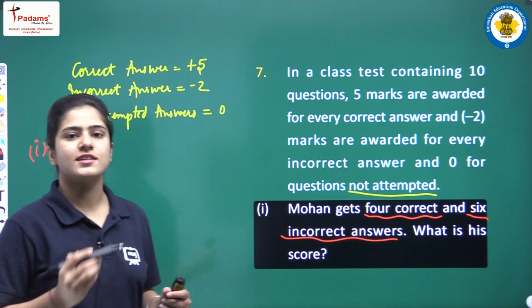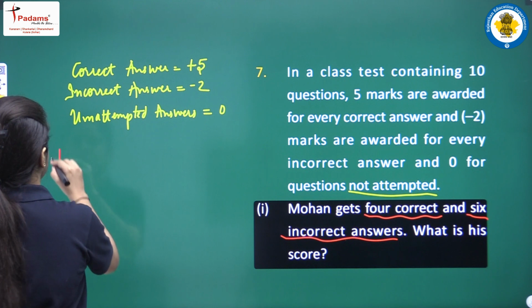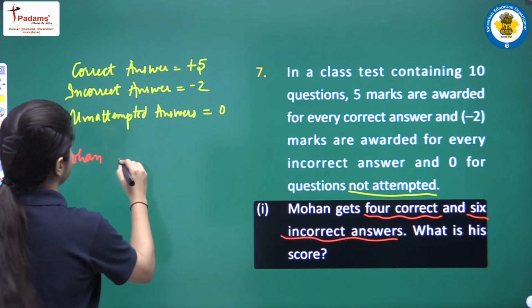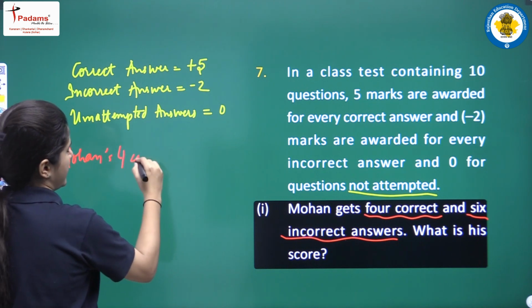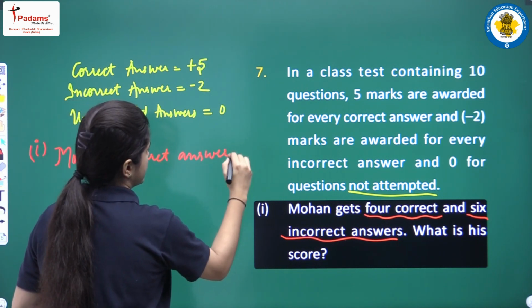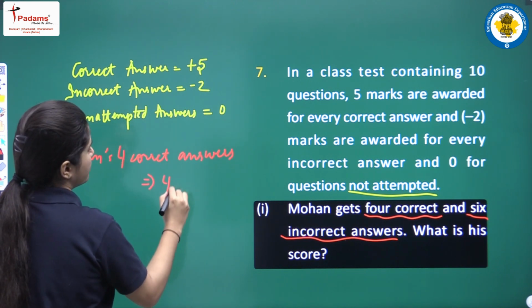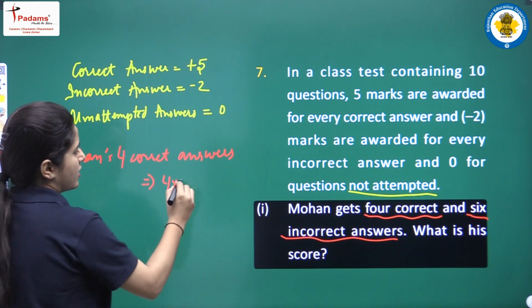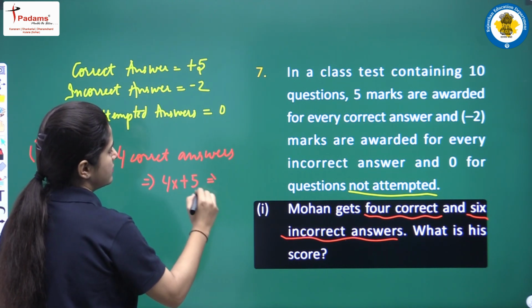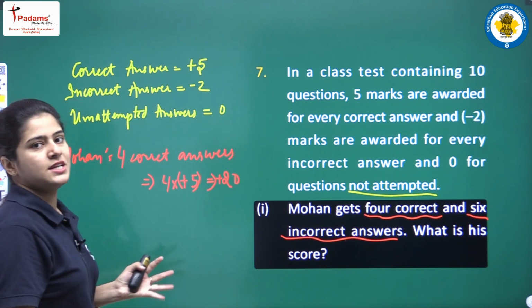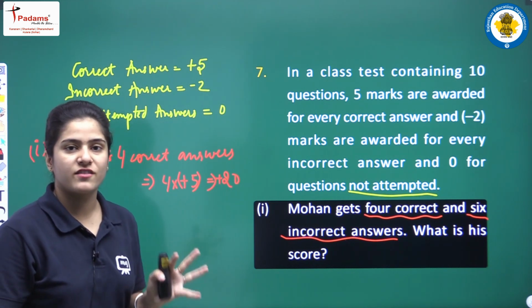So what is his score? Mohan's 4 correct answers is equals to, we know that for every correct answer he will be awarded plus 5 marks. So he will be getting plus 20 for attempting correct answers.